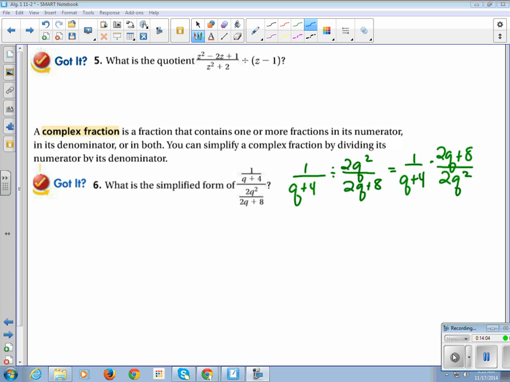So once we have it written, we rewrite the problem as a division problem instead of a fraction. And then once we have it as a division problem, we write it as a multiplication problem with the reciprocal. And now let's factor. 1 over q plus 4 times, I'm going to factor out a 2 from the 2q and the 8.